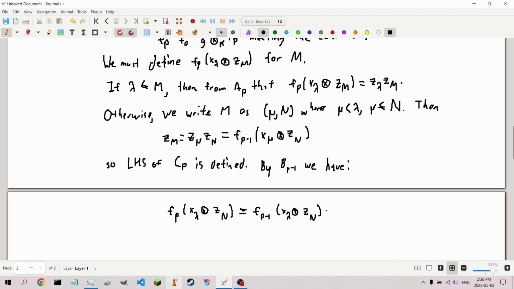And this we can then write as z lambda zn, and then keep in mind that this difference between these two terms from before has to be inside what we called their PQ. So we're going to have this condition for some w inside p to the p minus 1.